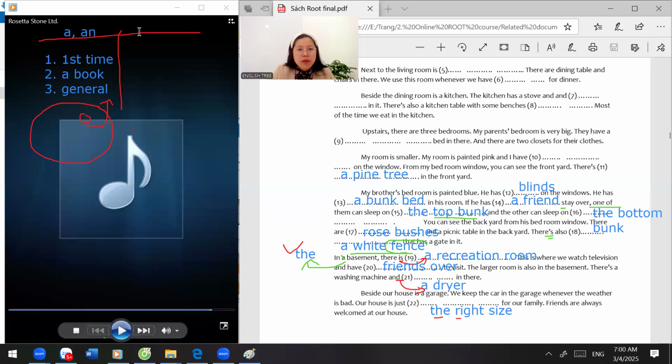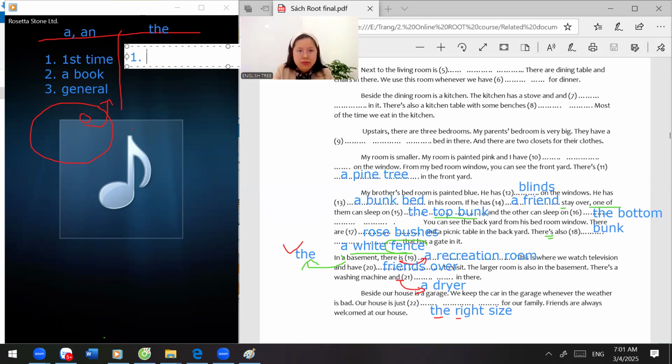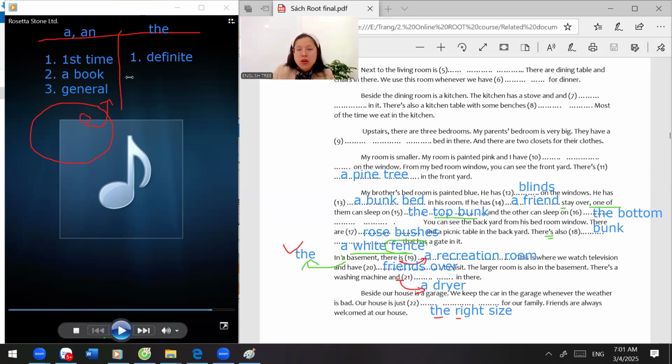And when we use the, you can use the for one noun or many nouns, and the means definite. Everyone knows, or at least you as the person who speaks know, which one that is.